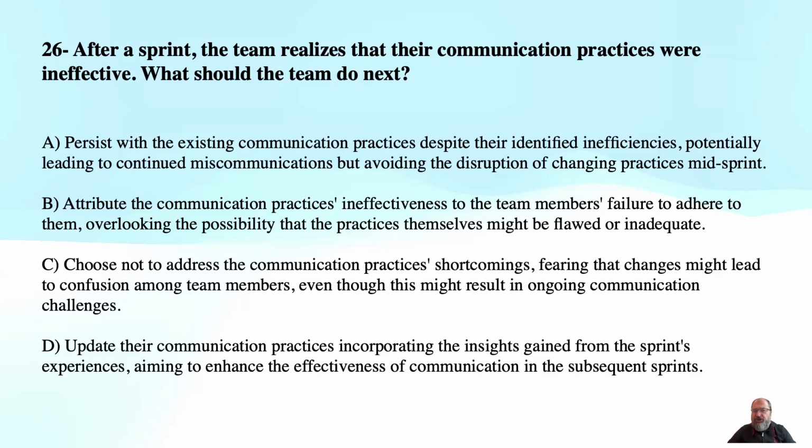And option Charlie, this choice goes against the Agile principle of embracing change. Ignoring identified shortcomings can lead to persistent communication challenges and hinder the team's ability to deliver value efficiently.